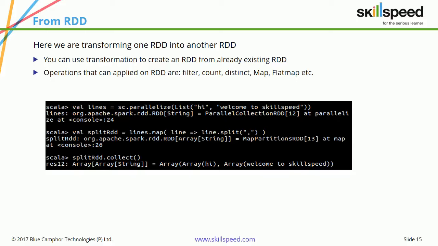I'm creating an RDD called splitRDD where I'm using the map transformation. I'm saying that for each line, split it using a comma. When I call an action called collect on the splitRDD, you can see that I have an array of hi and welcome to skillspeed. So this is an example of creating an RDD from another RDD, and this is used extensively since we are using transformations.